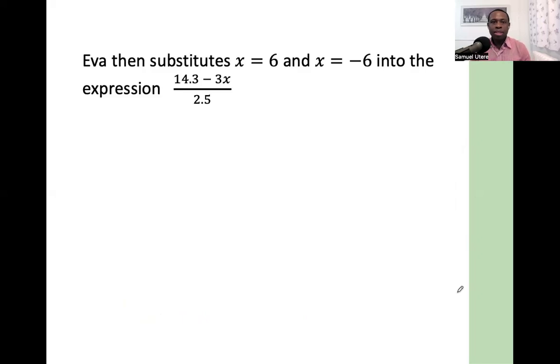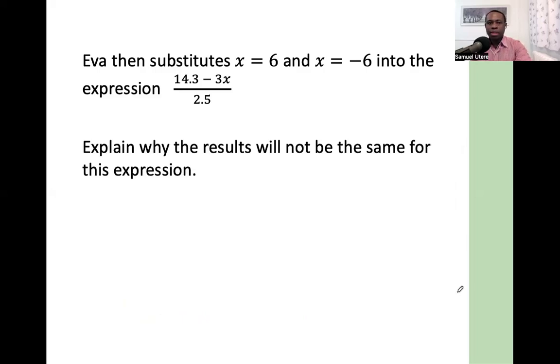Now, Eva then substituted x is equal to 6 and x is equal to negative 6 into the expression 14.3 minus 3x, divided by 2.5. Now, something interesting happens here. Explain why the results will not be the same.